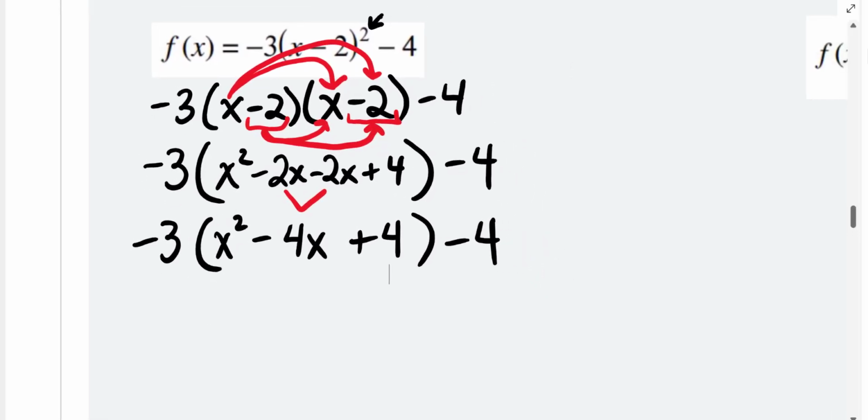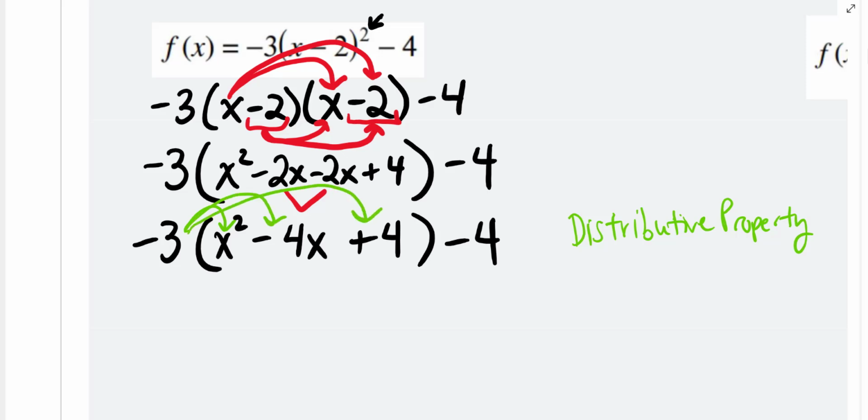All right. Now we want to get rid of the parentheses. In order to get rid of the parentheses, we're going to have to do the distributive property. So I'm going to distribute multiplying out negative 3 to each group. So I'm going to multiply 3 different times. And that will eliminate the parentheses.